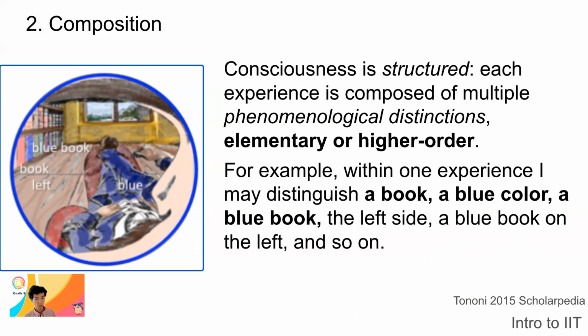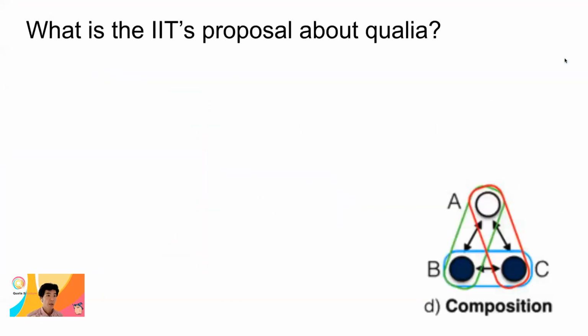So composition means that there are many different kinds of distinctions, but our phenomenality is sometimes characterized at the level of one elementary feature, and sometimes by a combination. And the combination of all of this characterizes our experience.